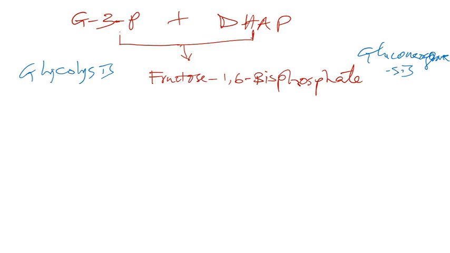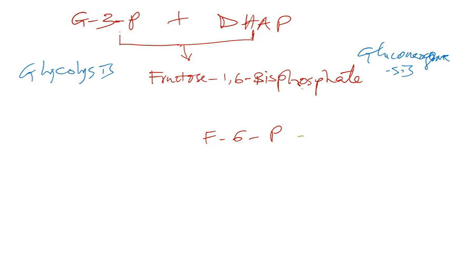Okay. So under gluconeogenesis, we are reducing the fructose 1,6-bisphosphate to fructose 6-phosphate. To move from fructose 1,6-bisphosphate to fructose 6-phosphate, we are supposed to remove an inorganic phosphate molecule.